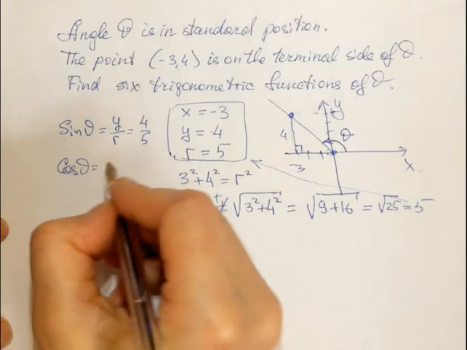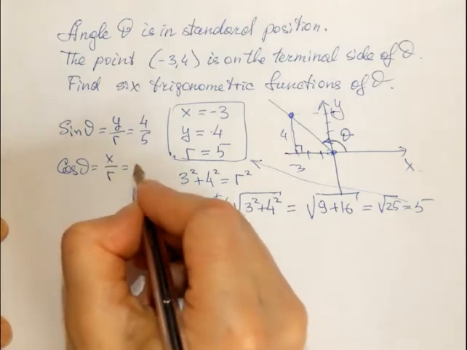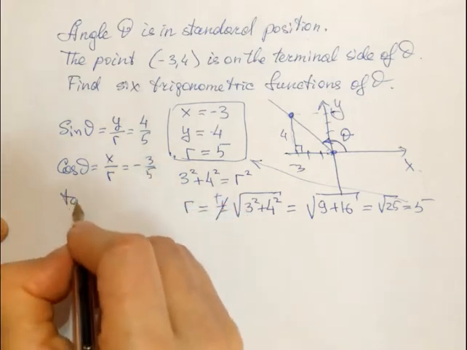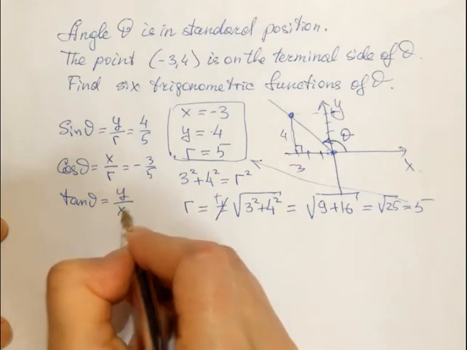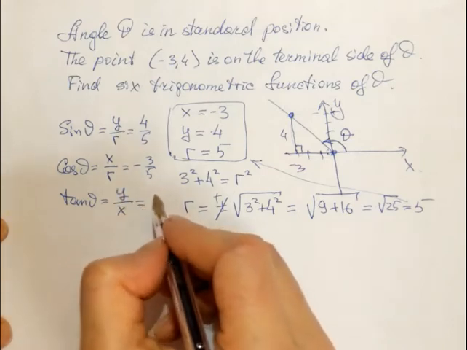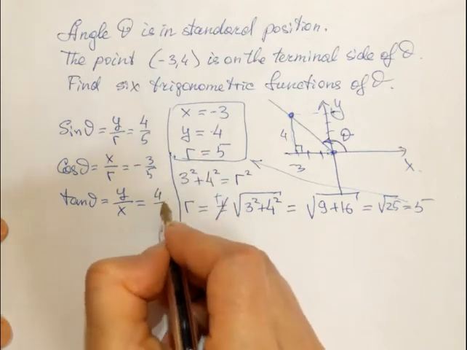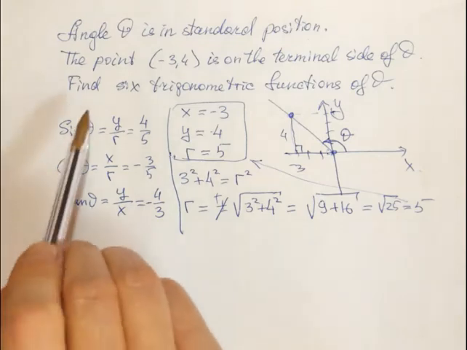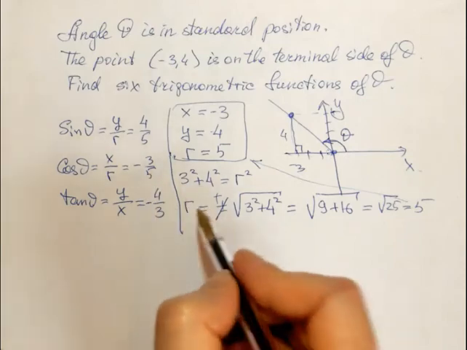Cosine of theta is x over r, or -3 over 5. Tangent of theta is y over x, or 4 over -3. We can write the negative in front of the fraction. So these three definitions are very important and must be remembered.